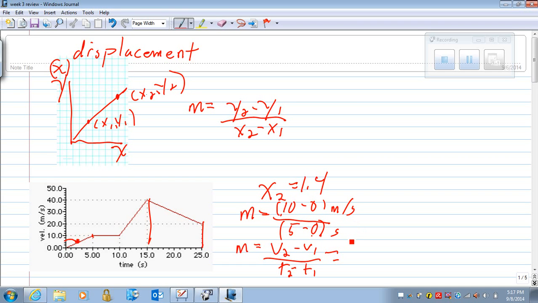The final velocity is 25. The initial velocity was 40. And the time was 25 minus 15. Therefore, we will automatically find a negative number up here. This will be negative 15 divided by 10, which will give us a negative 1.5 meters per second squared for the acceleration in that area.